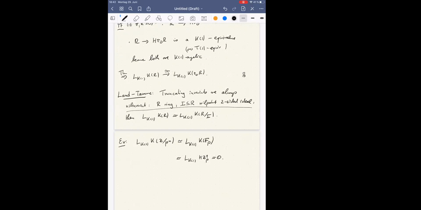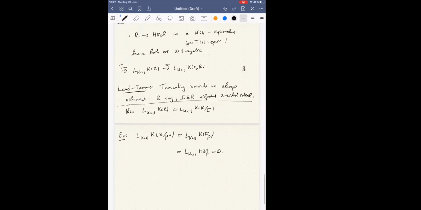And Akhil says Land Tamme proves that truncating invariants always satisfy CDH descent. I just also noticed that I slightly formulated this misleadingly. So the first part is by Land and Tamme, that truncating invariants are always nil invariant, and the other thing was specialization in this case, which is in our joint paper.